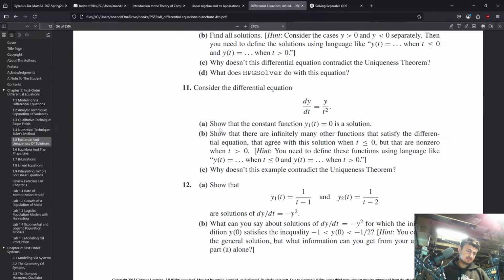If t is equal to 0, the derivative is undefined. Oh yeah, that's still the case.